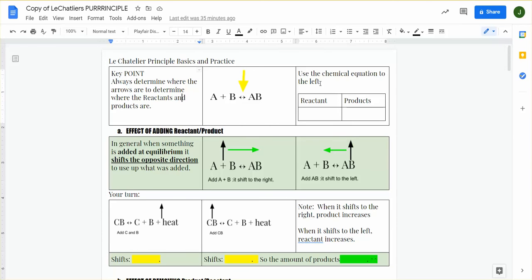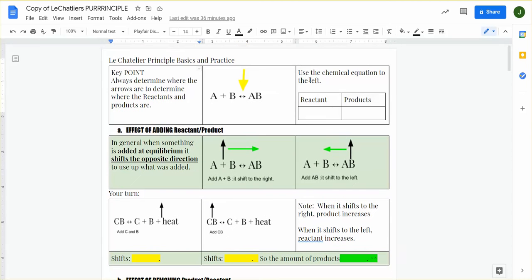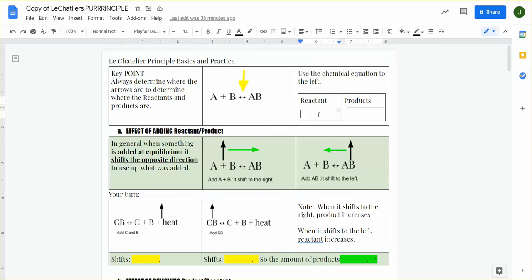So using the chemical equation on our left here, you should be able to tell me exactly what the reactants and what the products are. Hopefully you came to the conclusion that it was A and B, and that our products were AB. According to the arrow, everything on the left is our reactants and everything on the right is our products.